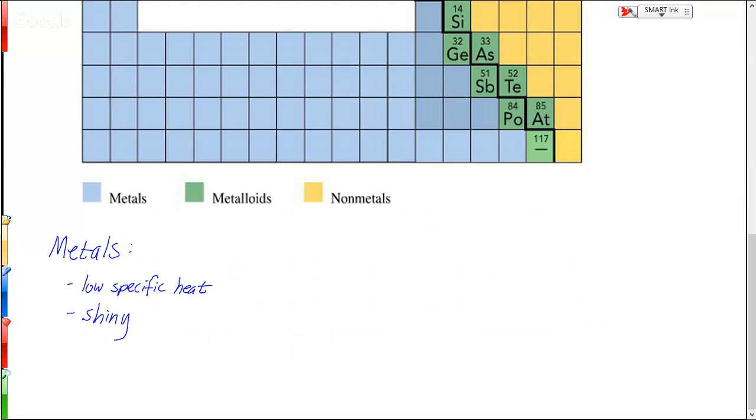Ideas? They're magnetic. That is true for several metals, but not all of them. So it's not a general property of metal. Most of the magnetic material that we deal with is iron, and so the fact that iron is magnetic is important, but a lot of the other metals are not. What else can metals do? Anything else?